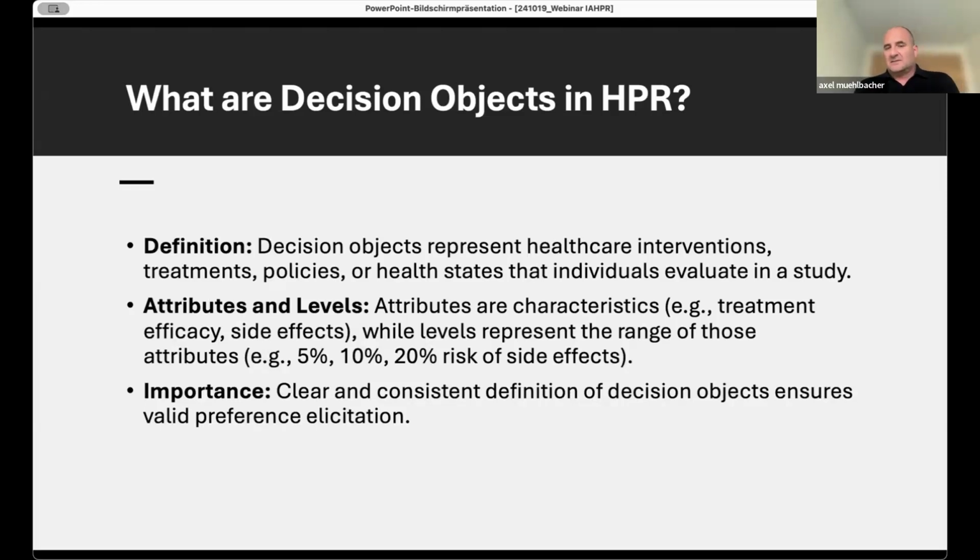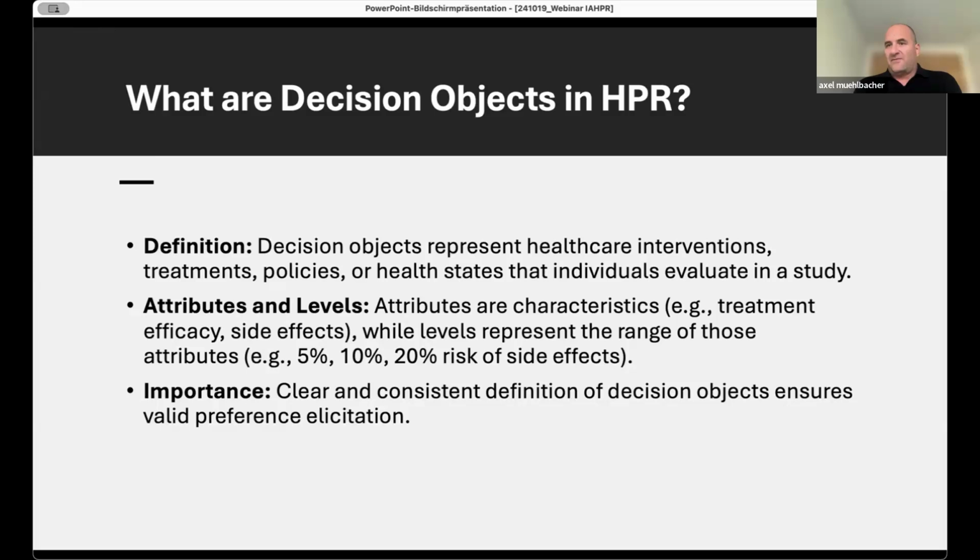Attributes and levels can be defined in short as characteristics for treatments relating to efficacy or side effects. And the levels represent the range of those attributes. So for example, if we have a risk attribute, which documents a side effect of a certain treatment, we could state that there is a 5%, a 10%, a 20% risk of these side effects.